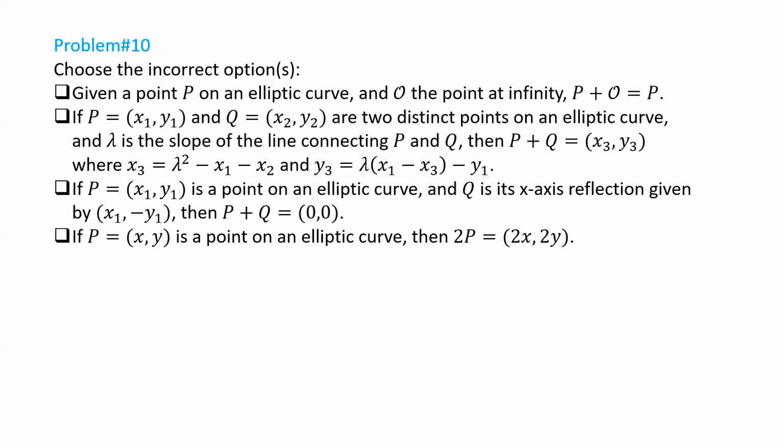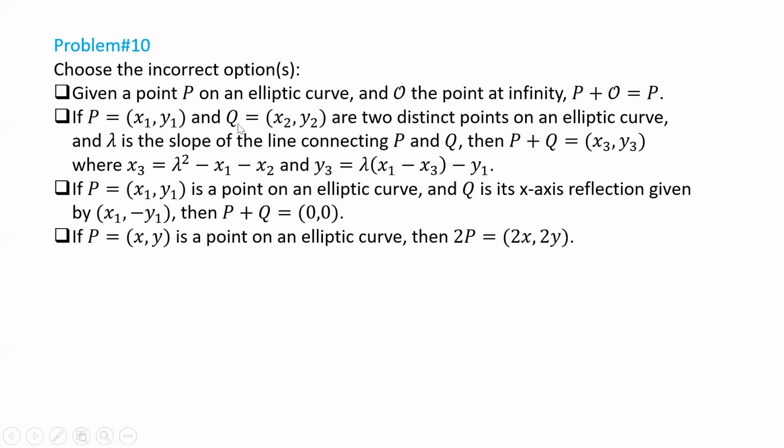And next statement: if P equal to (x, y) is a point on an elliptic curve, then 2P equal to (2x, 2y). This is also wrong, because 2P is nothing but P plus P, and P plus P computation proceeds exactly as follows.